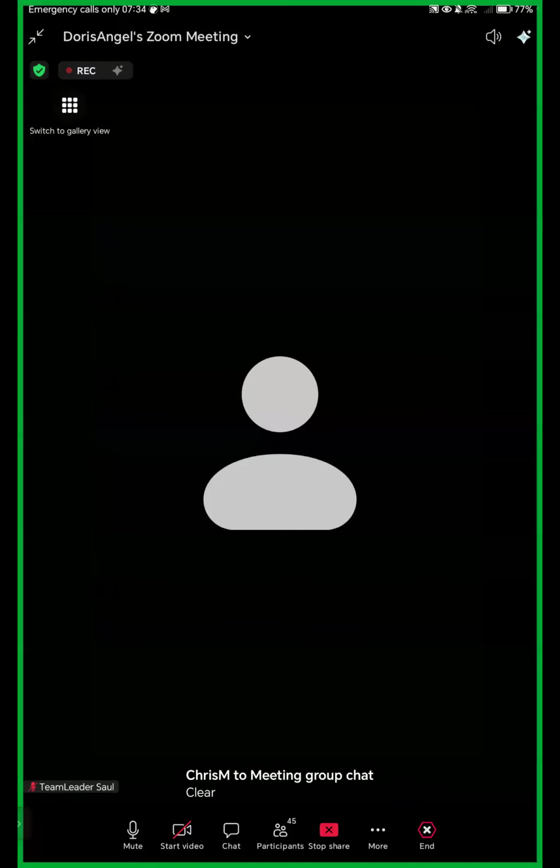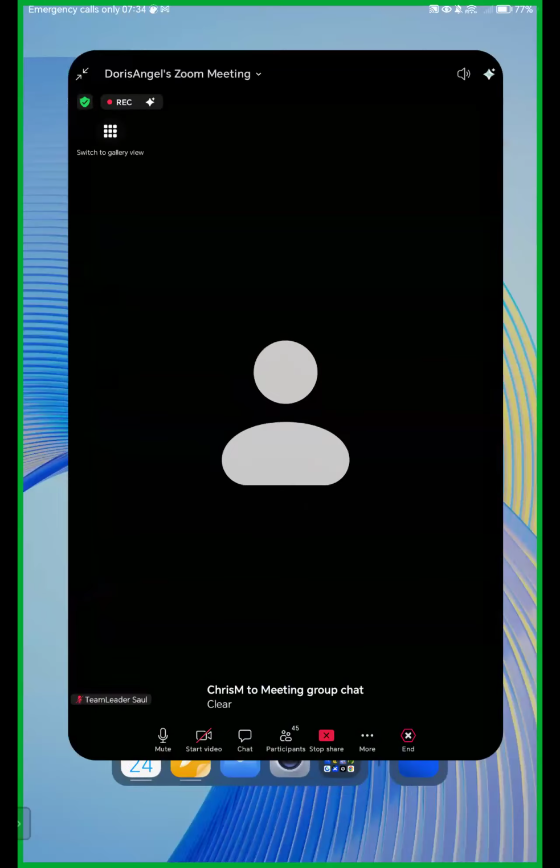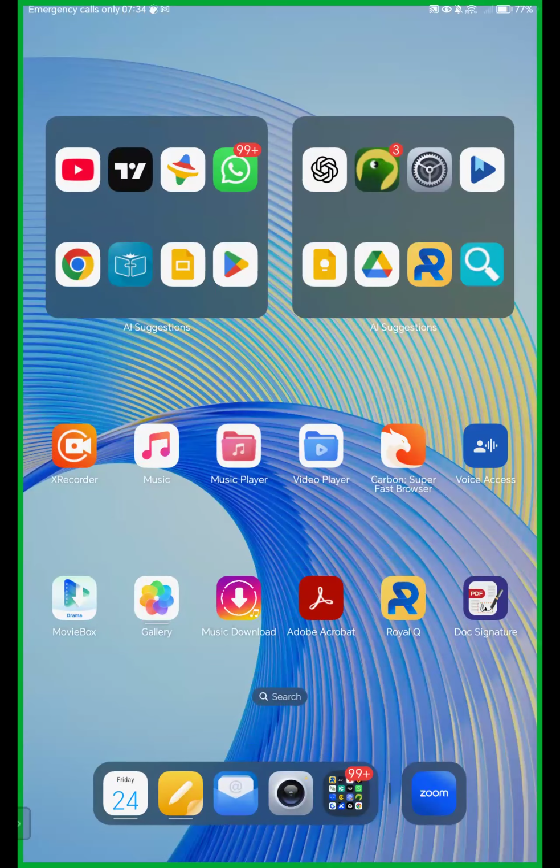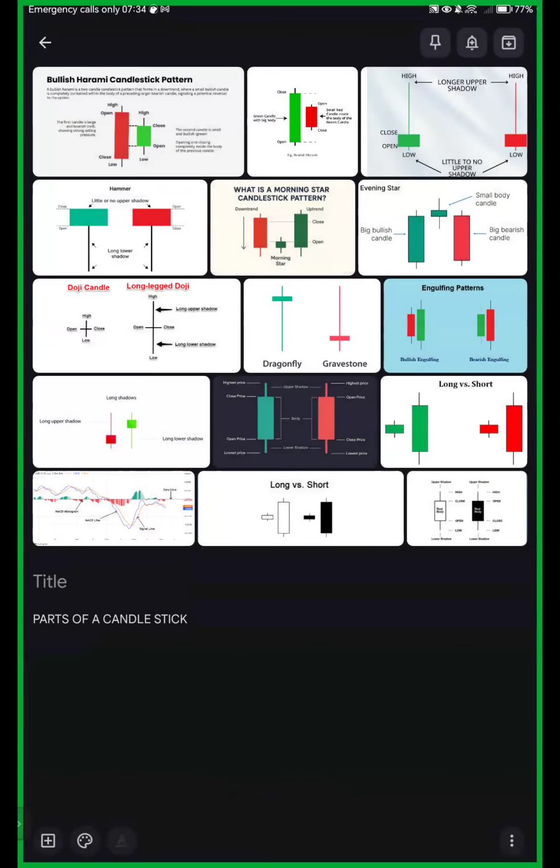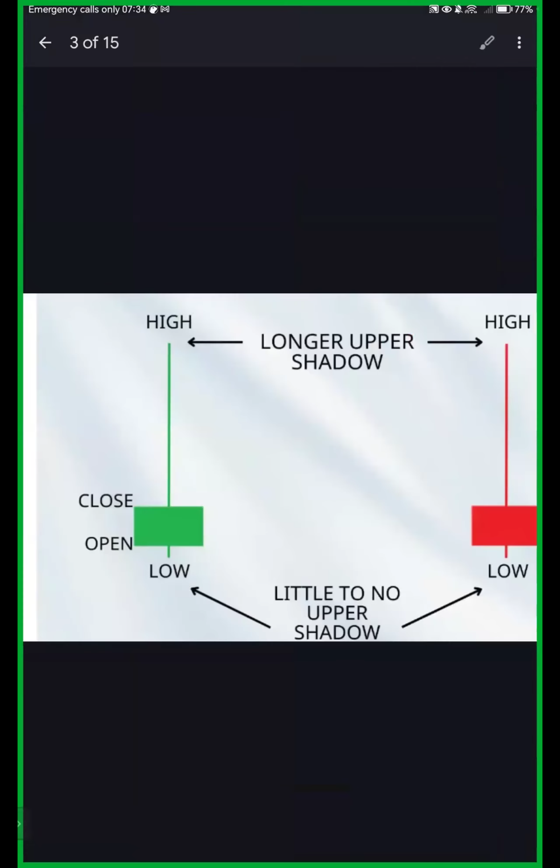Let's proceed then. If we are okay, let me come back here and then we look at the opposite version of a hammer. So this is the opposite version of a hammer. It's like the hammer upside down.